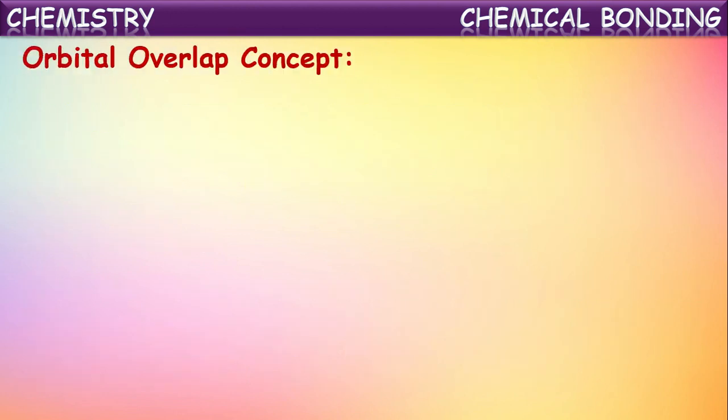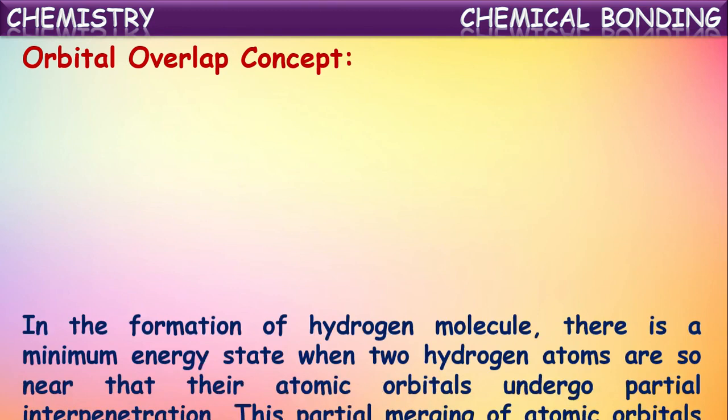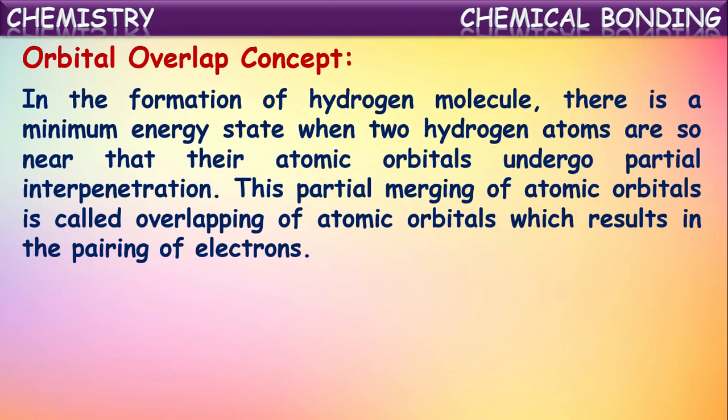Now let us see the orbital overlapping concept. In the formation of hydrogen molecule, there is a minimum energy state when two hydrogen atoms are so near that their atomic orbitals undergo partial interpenetration. What happens? Two hydrogen atoms approach each other.